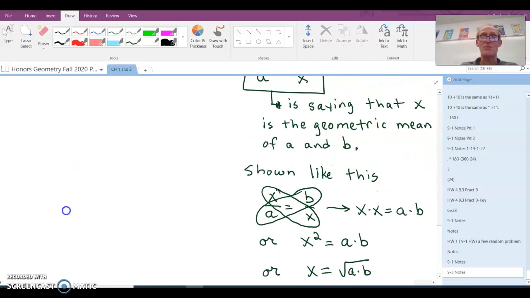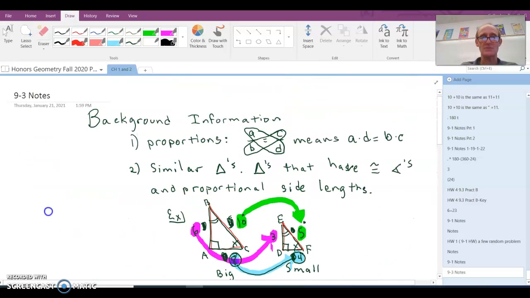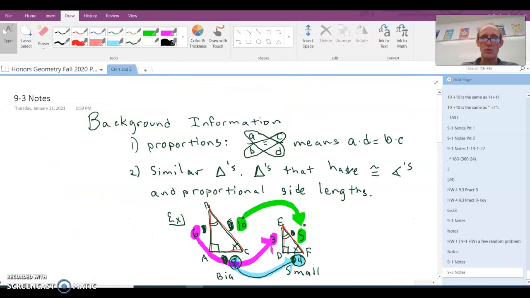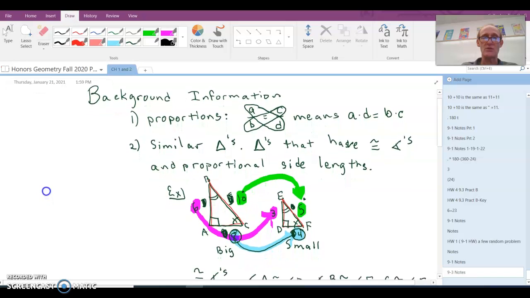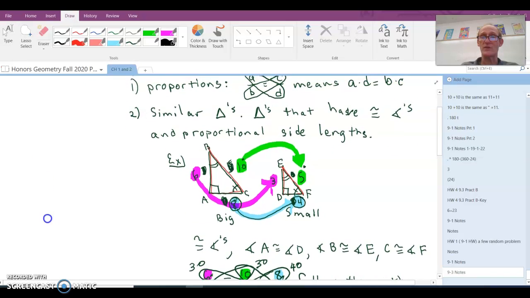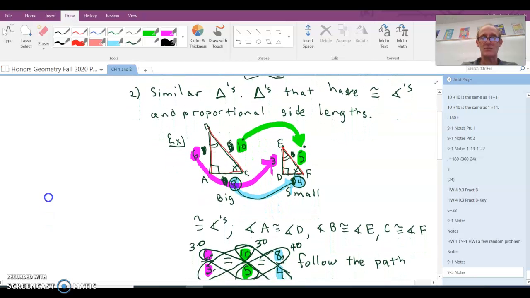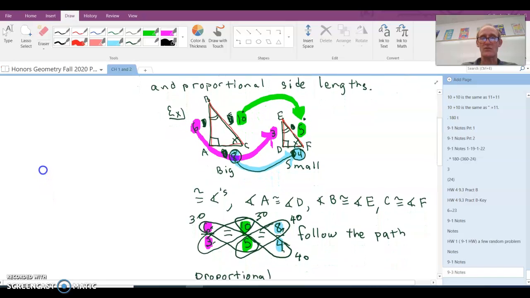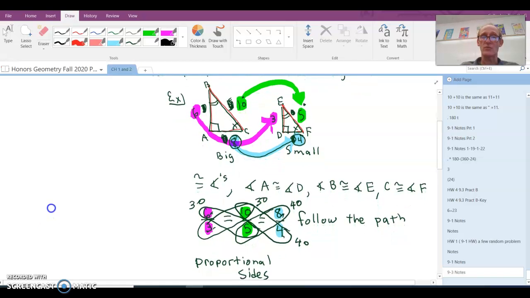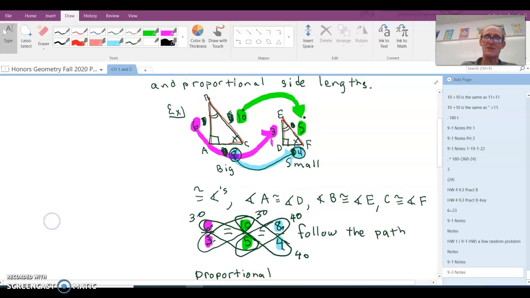All right, so the background for 9.3 needs to be three things. One is proportions. Two is similar triangles that have congruent angles and proportional side lengths. Okay, so here's two triangles. They're the same angles and they have proportional sides.